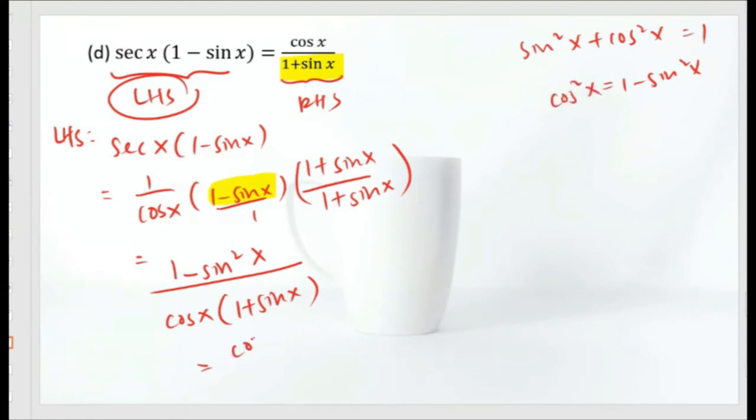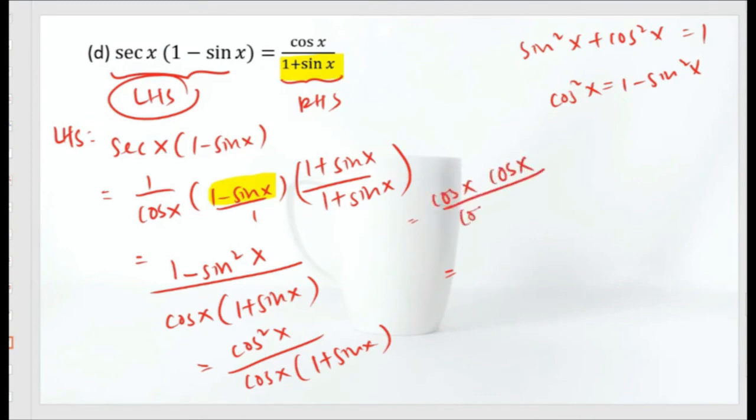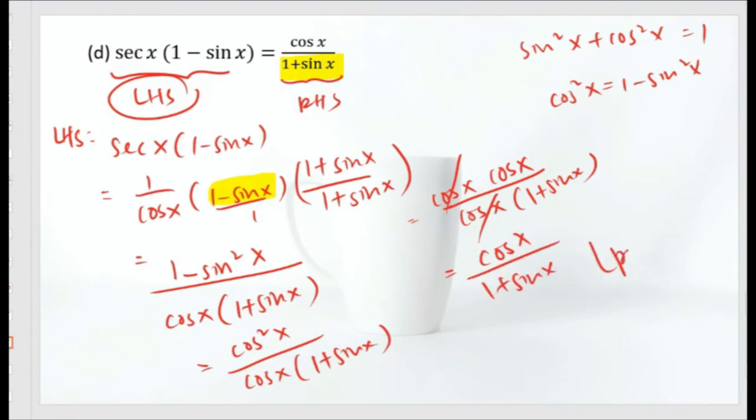So it's cos squared x over cos x, 1 plus sine x. Cos squared x simplifies, it will become cos x over 1 plus sine x. So the answer is cos x over 1 plus sine x. So you have proved it from left to right.